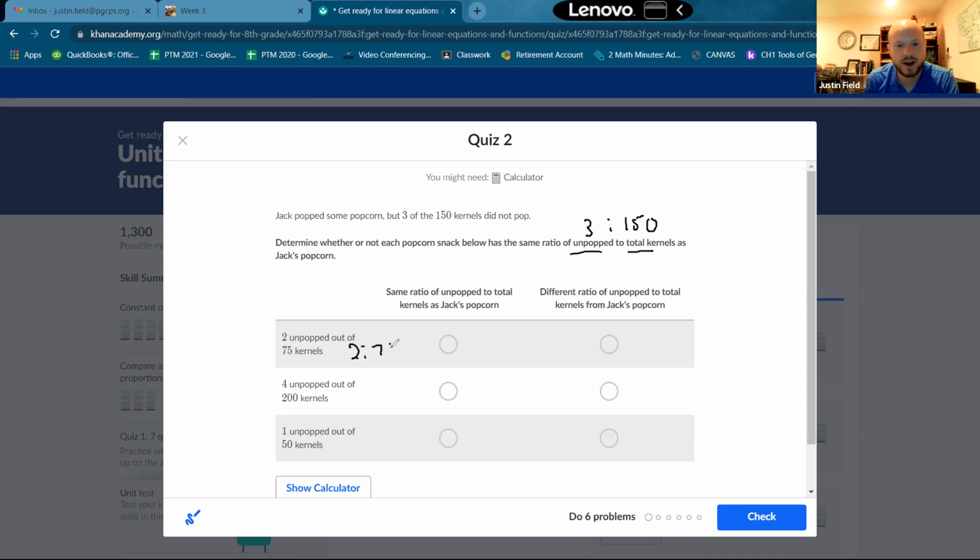So that's 2 out of 75, 4 out of 200, 1 out of 50. So we want to reduce these.